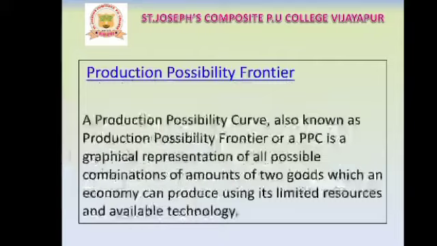That means the state of technology is taken to be constant, since the production of one commodity can be increased only by decreasing the production of the other commodity. And the production possibility curve also measures the production efficiency of the commodity. Thus, the production possibility frontier is a graphical representation of all possible combinations of two goods.